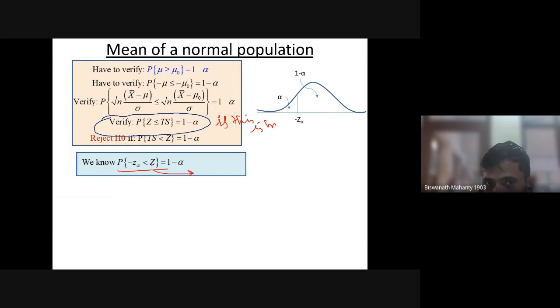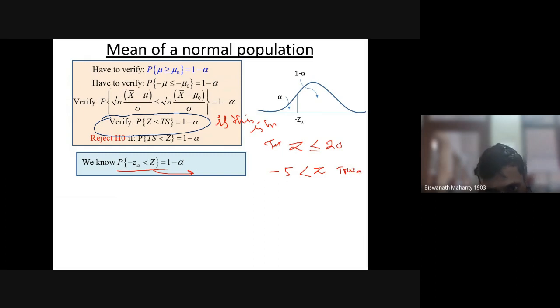If both are true, what will happen? Simply assume Z is less than 20, for example. This I'm testing. And for example, I'm saying minus 5 is less than Z. That is true because it is a distribution thing. This is always true.